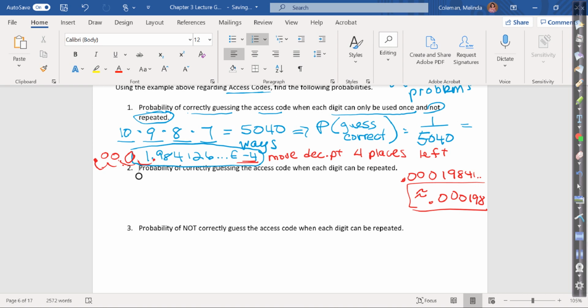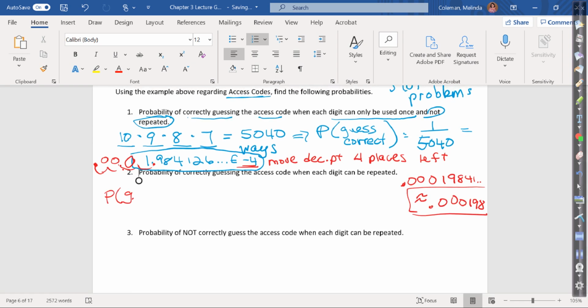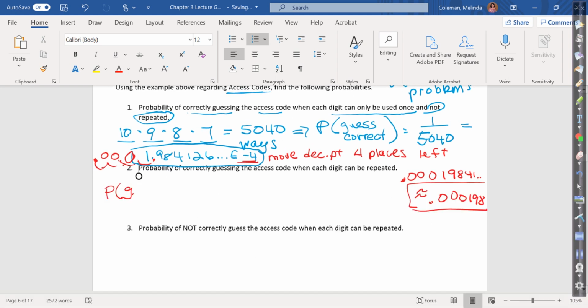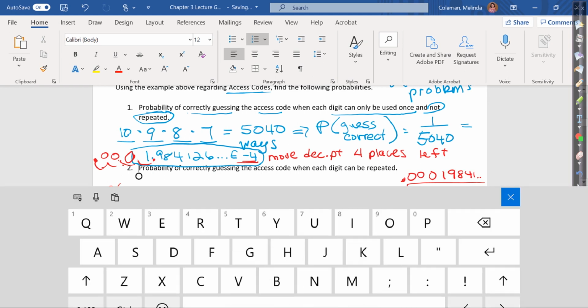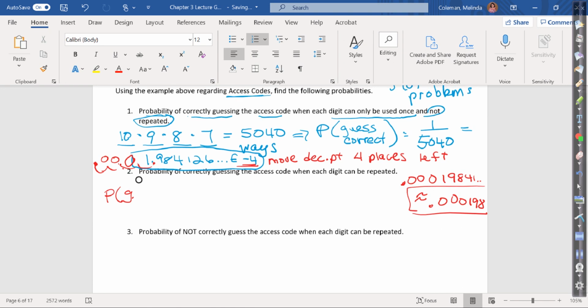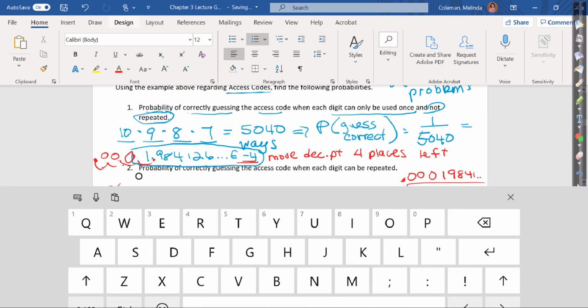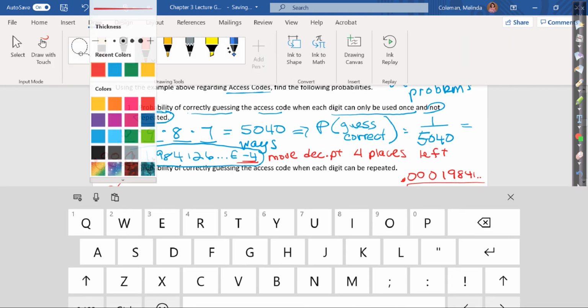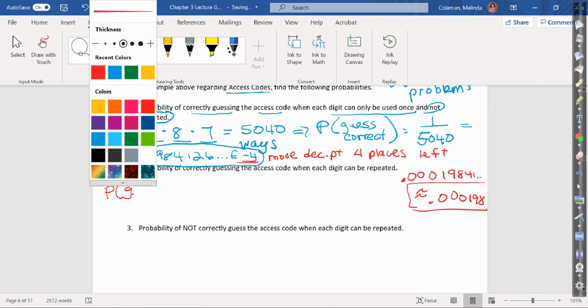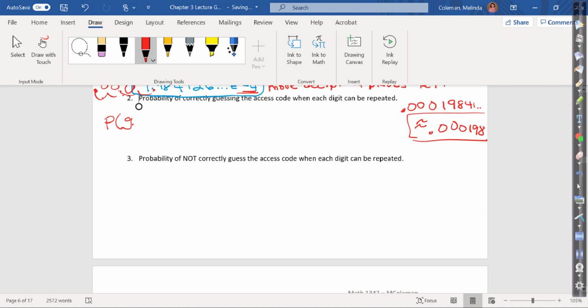So again, the second one, what was the probability of correctly guessing the access code?